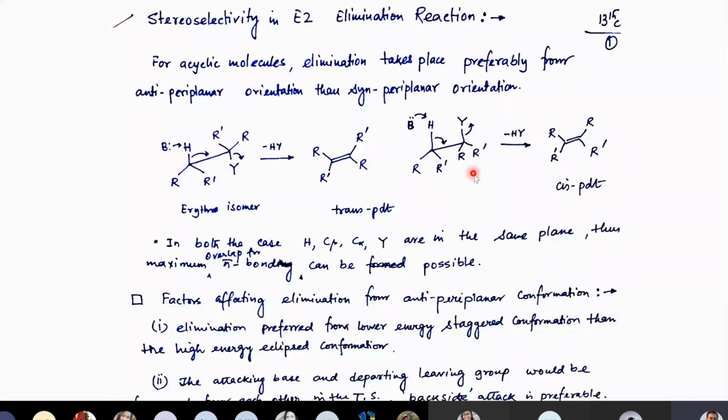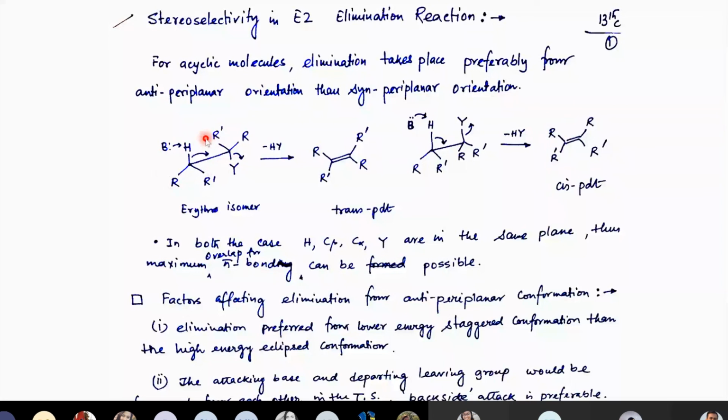But if the base comes from the other side, from here, then this interaction can be minimized. It is the same as your SN2 reaction, where it comes from the other side, so some sort of a backside attack, which is preferable. The same argument also holds here. So that is why elimination from this anti-periplanar orientation is more favorable.